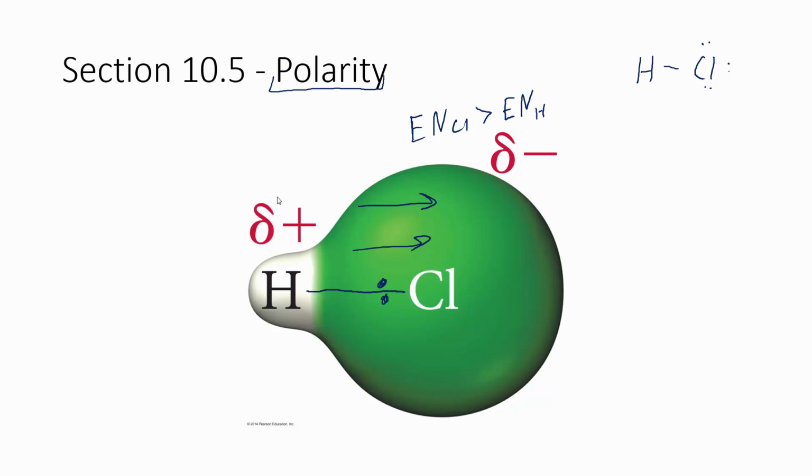What this does is this makes the hydrogen slightly positive, and that's this little lowercase Greek delta symbol, and it makes the chlorine side slightly negative. And we can draw this in our shape structures, so this linear molecular geometry, by drawing lines from where the electrons are coming from towards where they're going to as a vector, a mathematical vector.